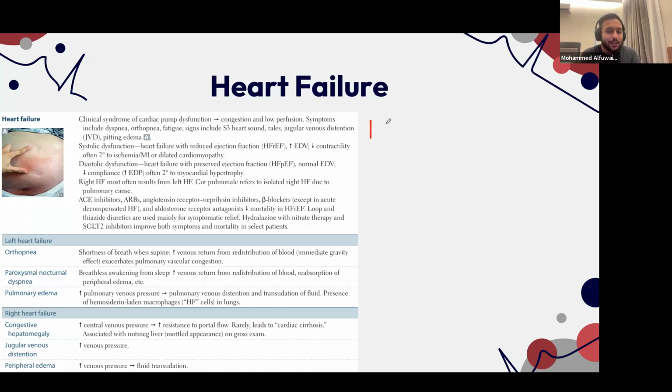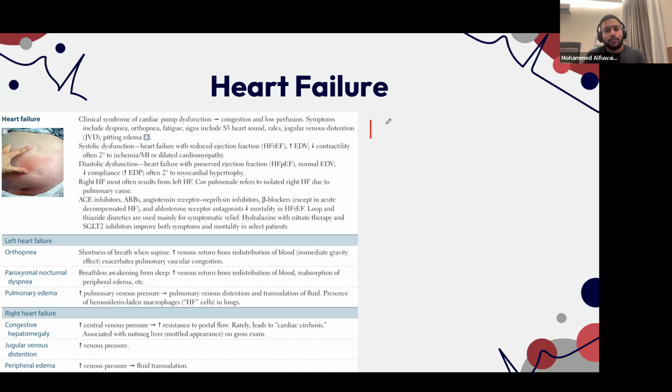What is the neprilysin inhibitor called? Sacubitril. Good. So you give valsartan with sacubitril. This is usually the drug of choice. A lot of patients get this drug. So that's another mechanism to reduce heart failure.